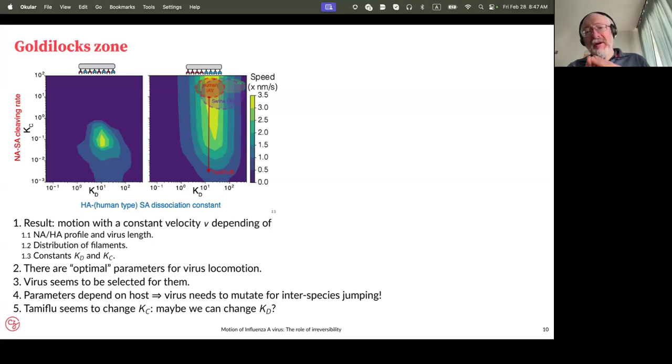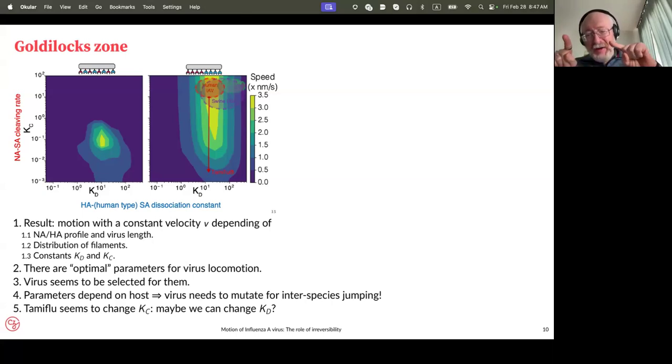We found that the parameters of real viruses are very close to the optimal parameters which give you the maximal speed and maximal chance to infect. But because the parameters are different for different environments, it means that if you have, for example, bird flu, and bird flu wants to jump to humans, it must mutate.